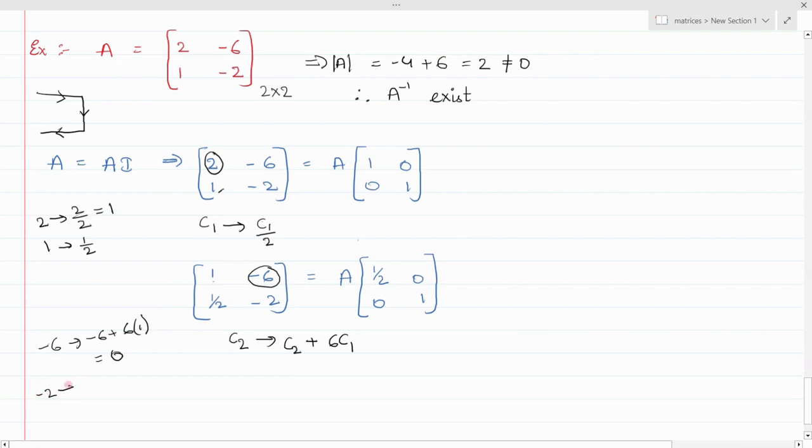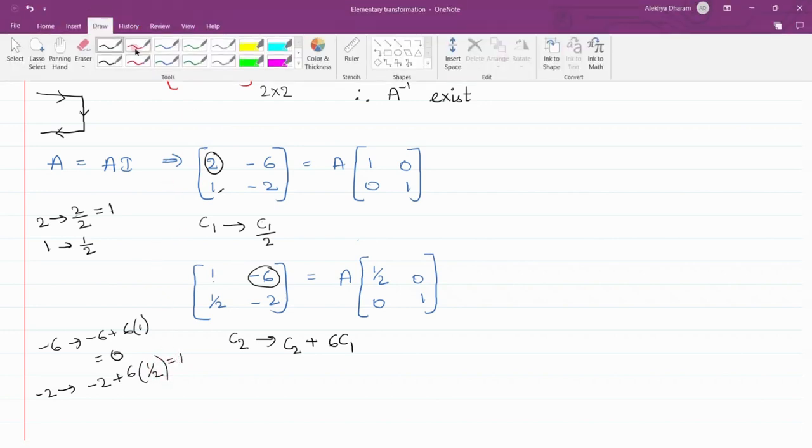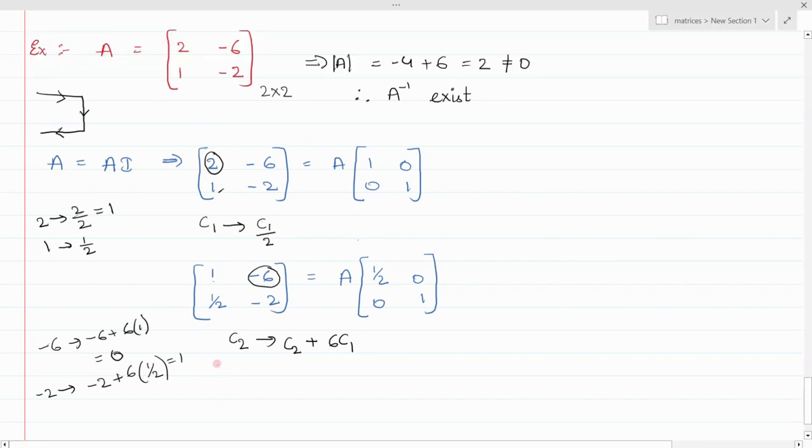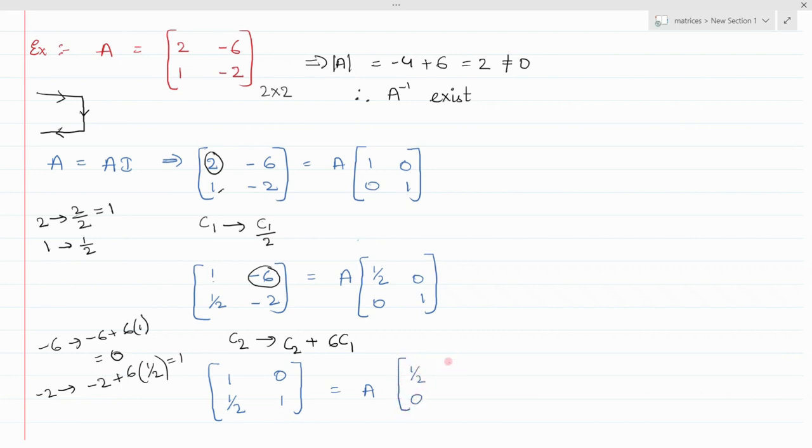Similarly, minus 2 changes to minus 2 plus 6 times half, which becomes 1. C1 elements remain as they are, and minus 6 changes to 0, minus 2 changes to 1, equal to A into C1 elements remain as they are, just C2 elements change to 3 and 1.